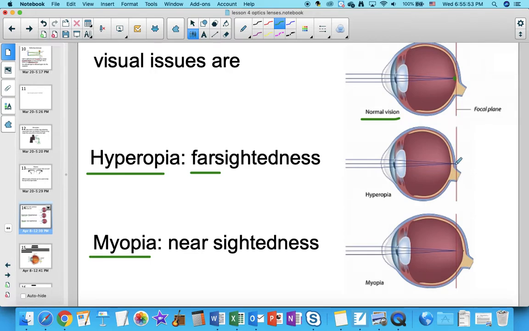But if you looked at a hyperopic eye, the point of focus is here, right? So light needs to travel that much further to focus to make a clear image. So that's why it's called far-sighted, because far away things can focus onto the retina, while closer objects, well, the focal point would be too far back. And so the image is blurry when it's close.